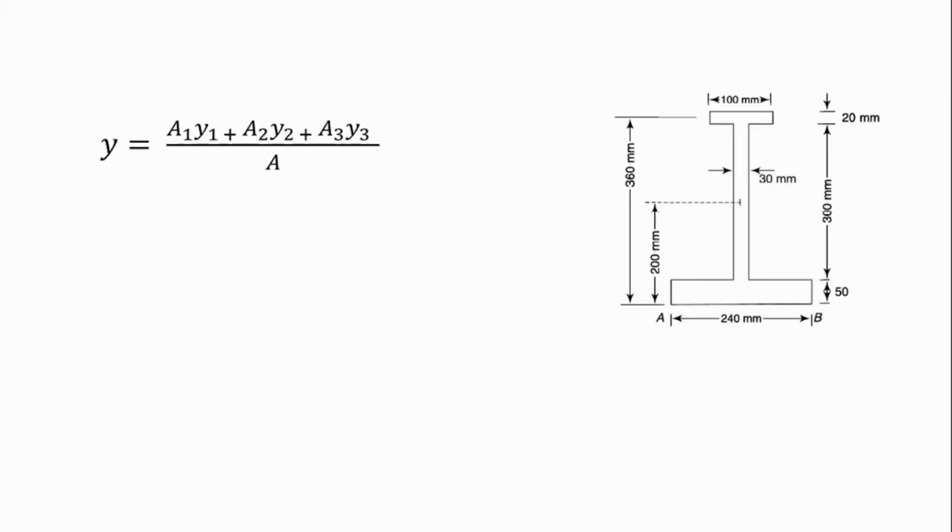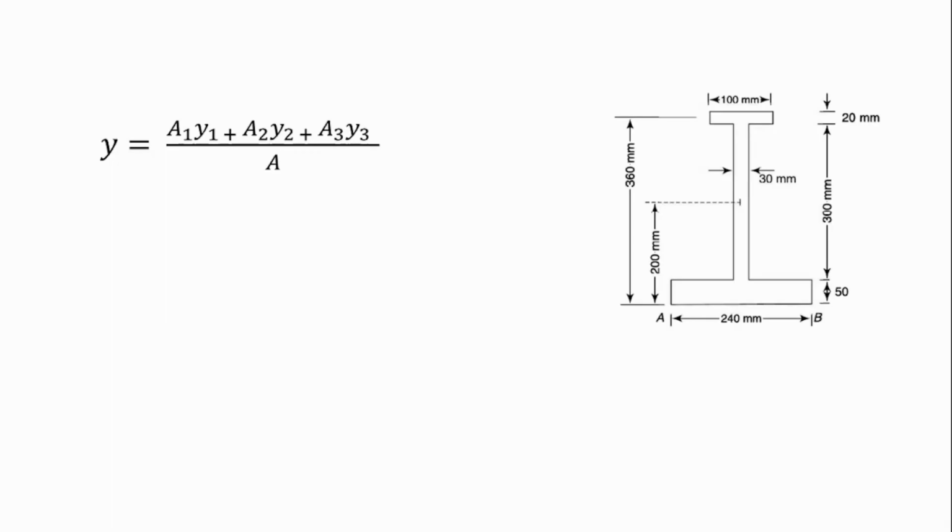Y1 will be the vertical distance between the ground AB and the midpoint of the compression flange. We know that the depth of the compression flange is 20, so the midpoint will be 10. So you can see from the diagram that Y1 has been determined as 360, because we have 50 plus 300 gives us 350, plus half, which is 10, to give us 360.